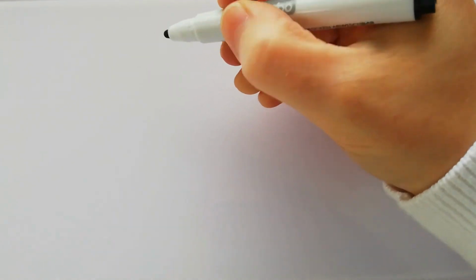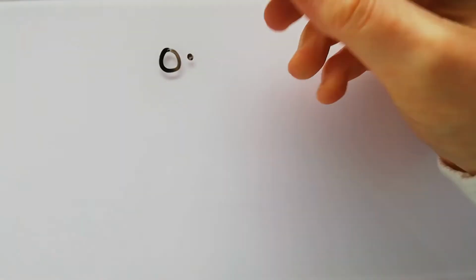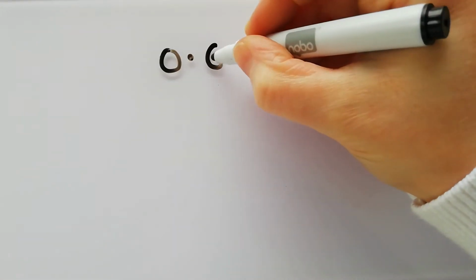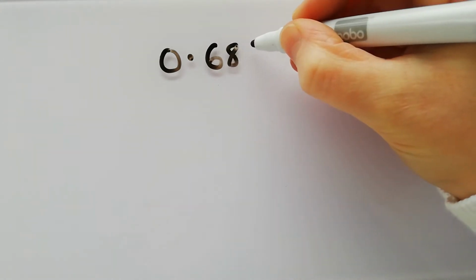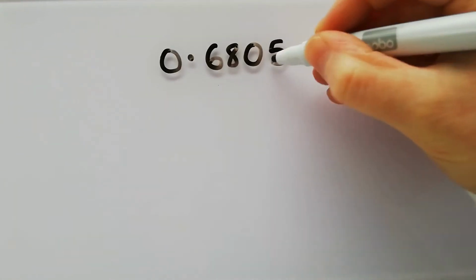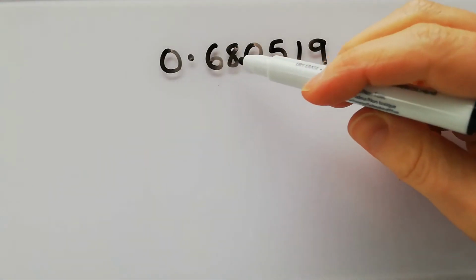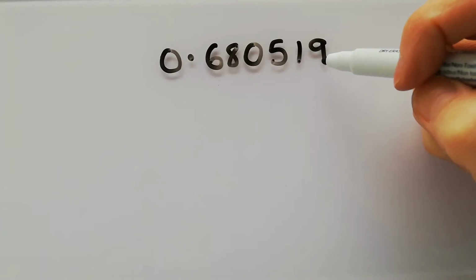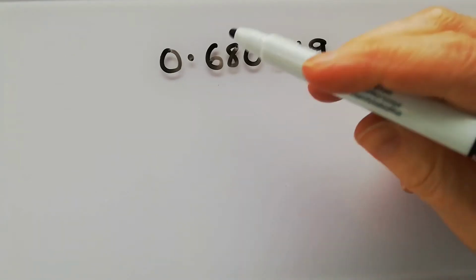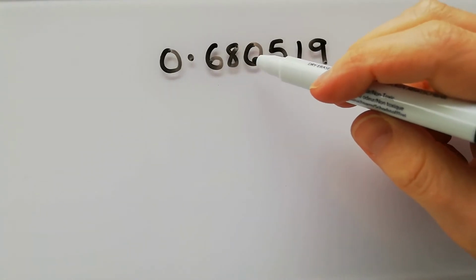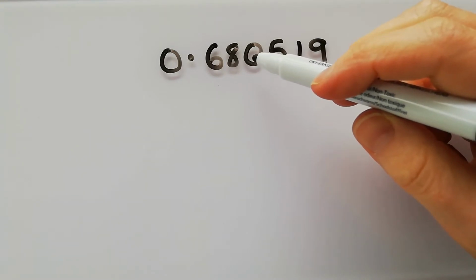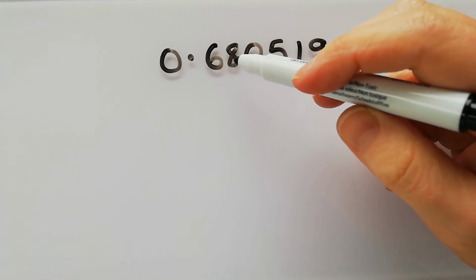Now let's think about the number 0.680529. This number has 6 decimal places, and we do count zeros as significant figures as long as they're coming after a proper number.